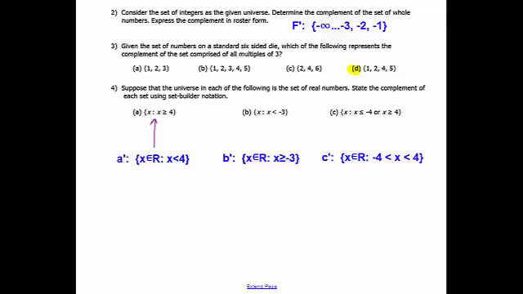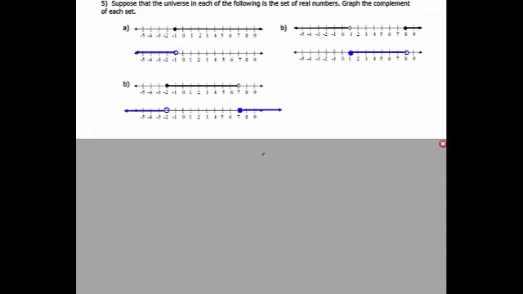And C prime, x is an element of the reals such that x is less than 4 but greater than negative 4. In question 5, we can graph the complement relatively easily, just making sure to have an empty circle where there's a solid circle, and then we just continue in an opposite direction. So hopefully those were pretty straightforward.